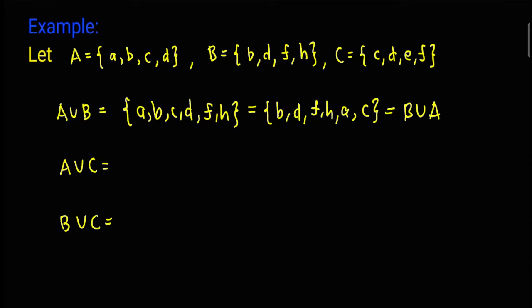Now, A union C, the elements of A again are A, B, C, and D. And then for the set C, you have C, D, E, and F. So you need to include E and F as well.